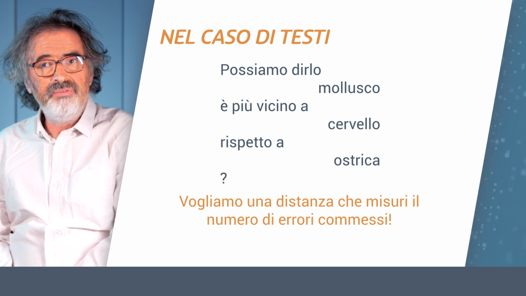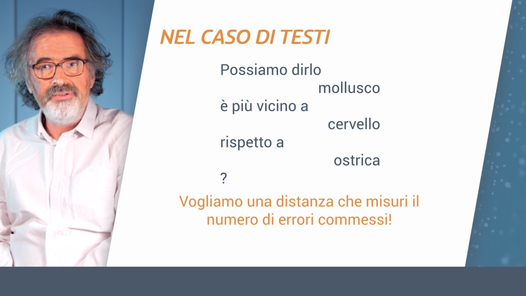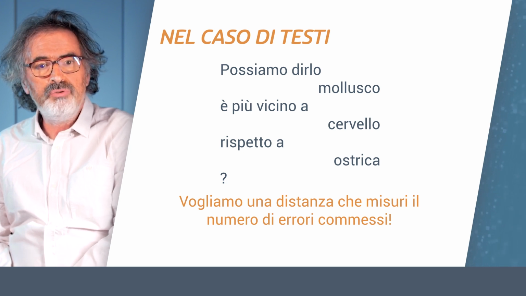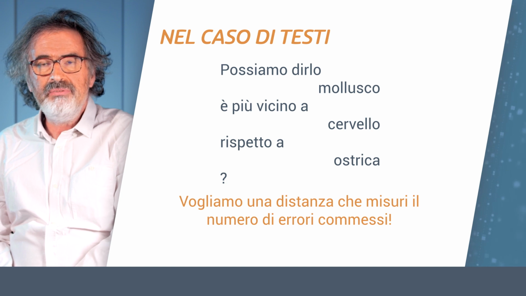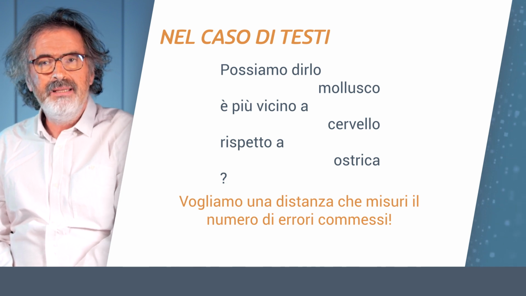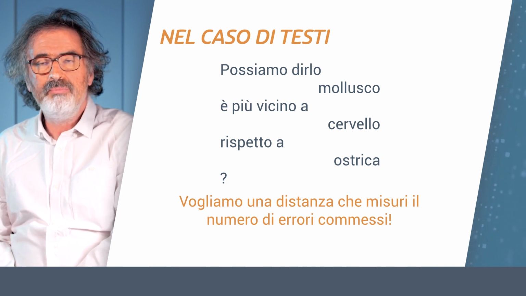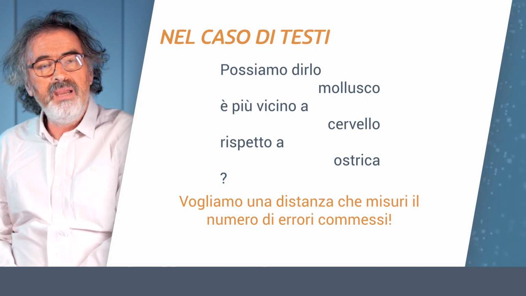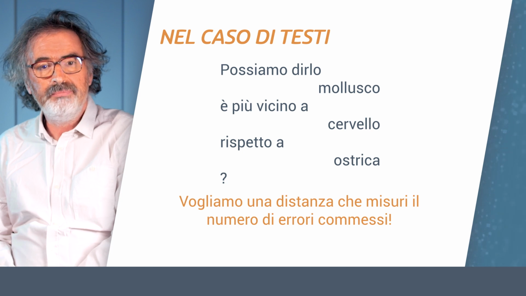But if I look at it from the point of view of words, the point of view a printer may have, then clam is closer to brain because the number of errors, misspellings, that you will have made to go from clam to brain is much smaller than the number of errors you would have made to go from clam to oyster.